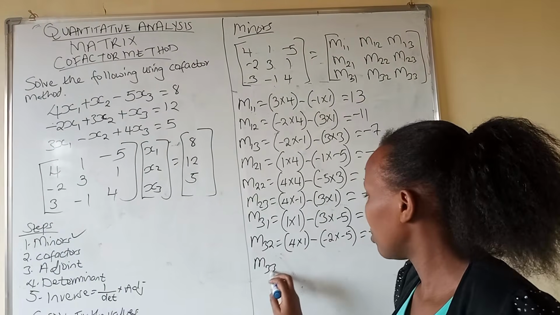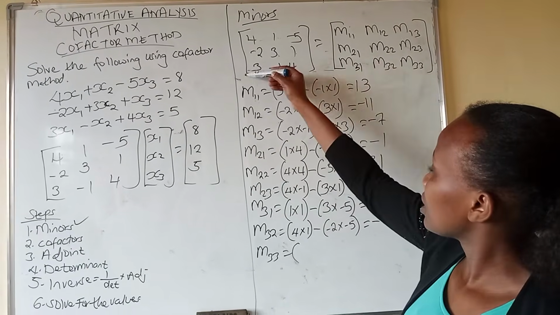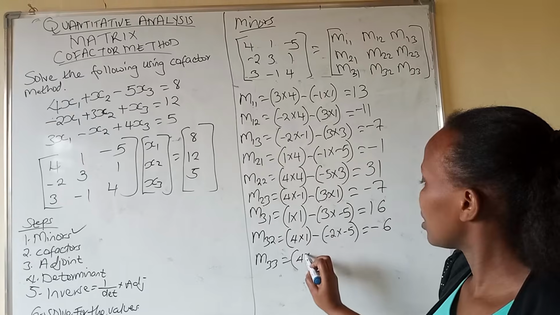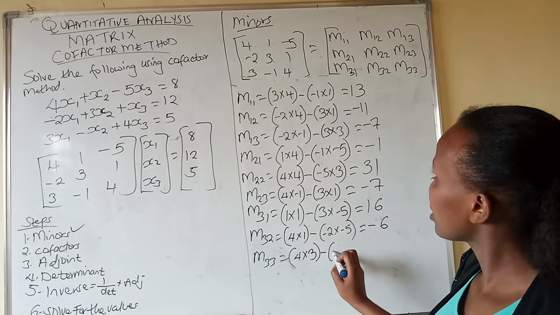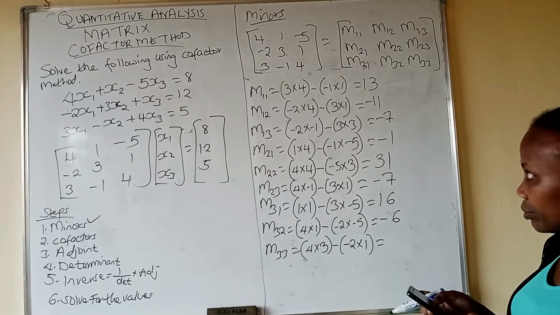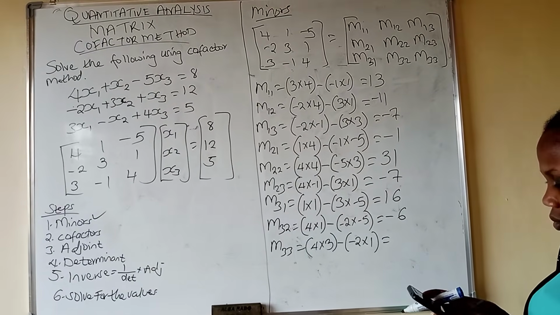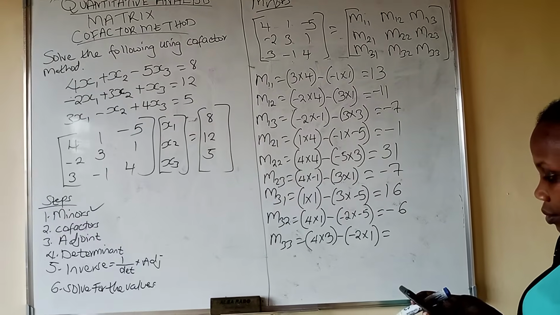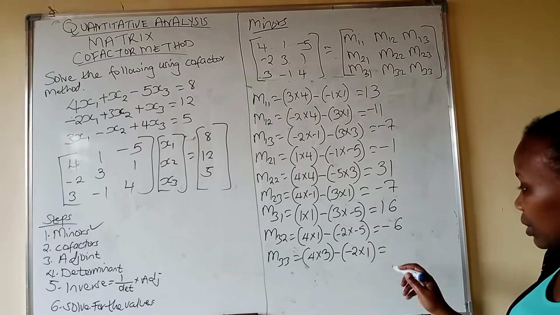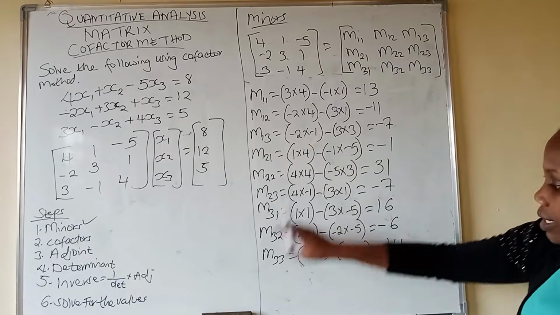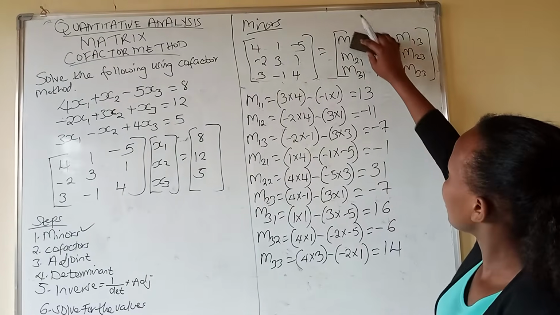Then the last one M33, the ones not in row 3 and column 3, which is 4 times 3 plus negative 2 times 1, which is 14.